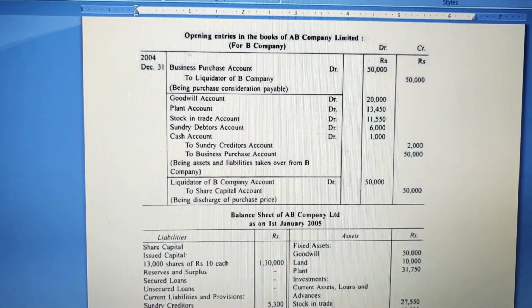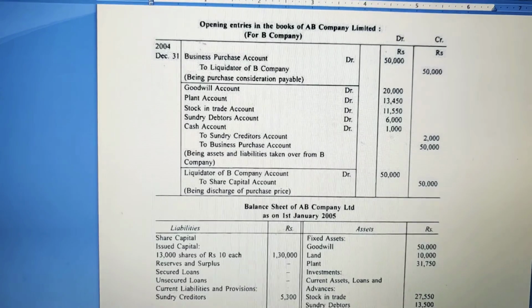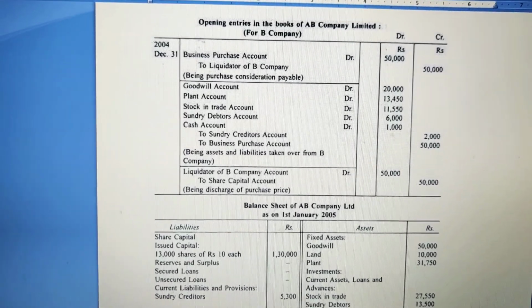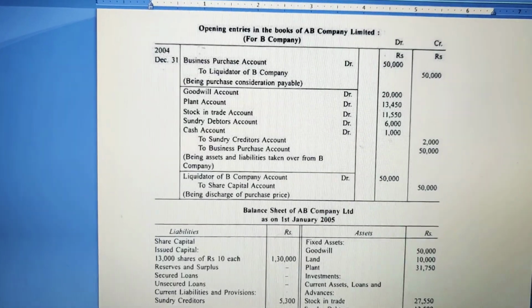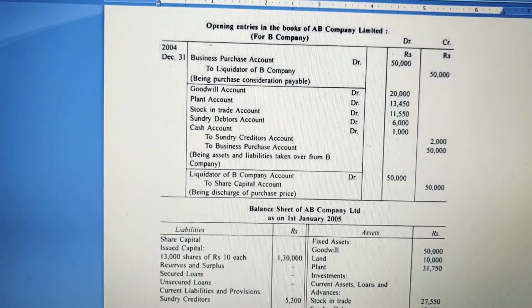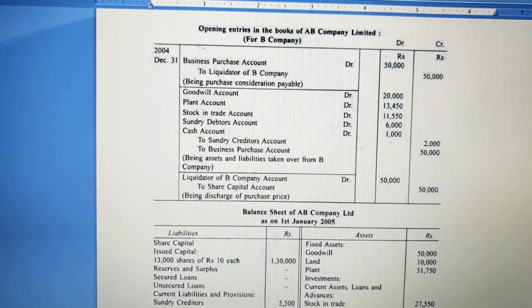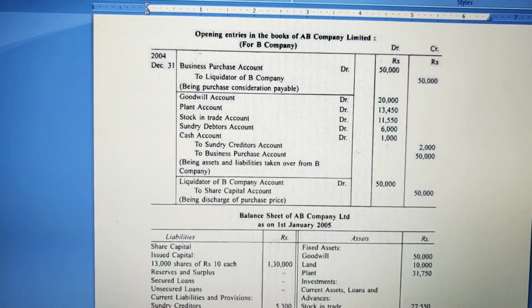Okay, so here you can see in the books of AB company, obviously all these assets are coming and all these liabilities are coming. Share capital is the new share capital, it is issuing to A company and to B company. So now you can relate your rules of debit and credit.